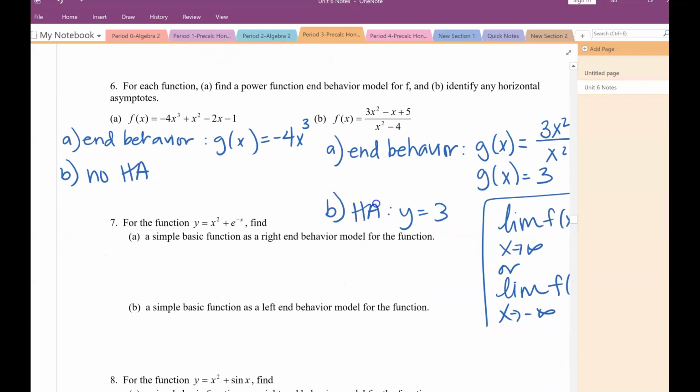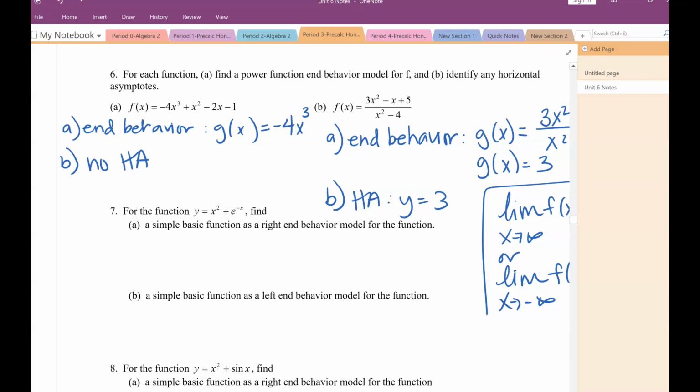All this is saying is that if we graph this out, when we get to 1,000, it's going to be very, very close to 3. Very horizontal as we get. Remember, the definition of asymptote is when the graph approaches as well. So sometimes it can touch the horizontal, sometimes it can't. But it doesn't really matter. It always gets very, very close to your horizontal asymptote. So that's why end behavior and horizontal asymptote are the same.